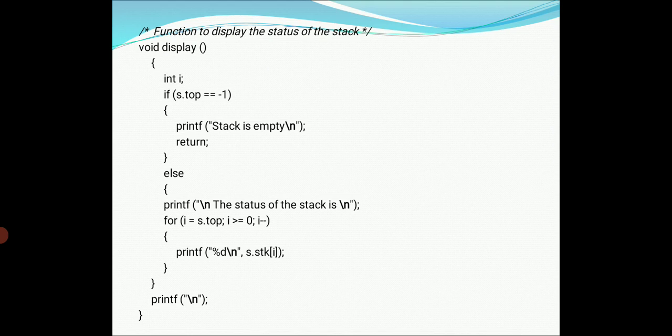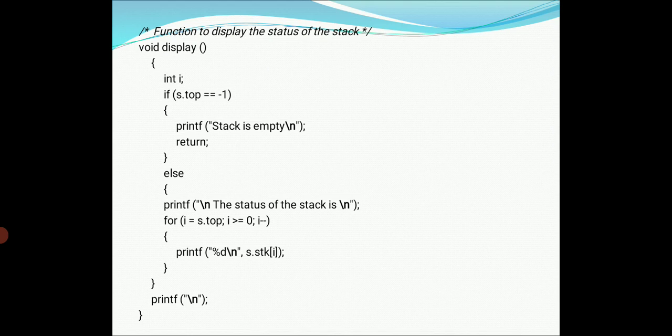Otherwise, go to the next statements. Print the status of the stack, for I equal to s dot top, then I greater than or equal to 0, I minus minus. This is the statement for displaying the elements in the stack.